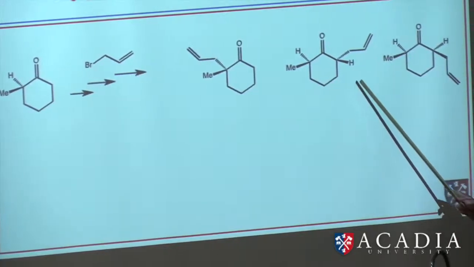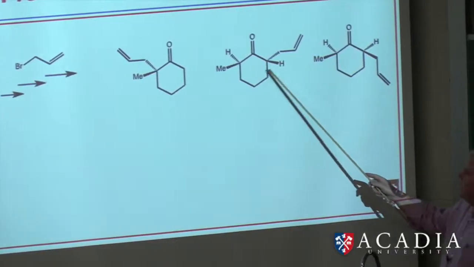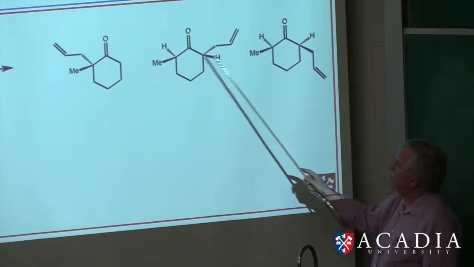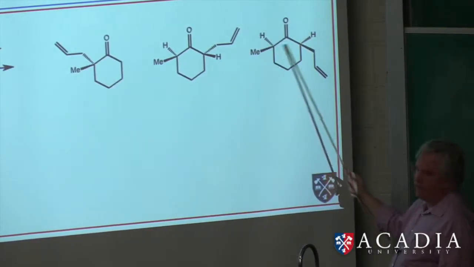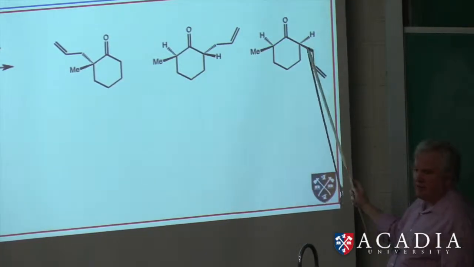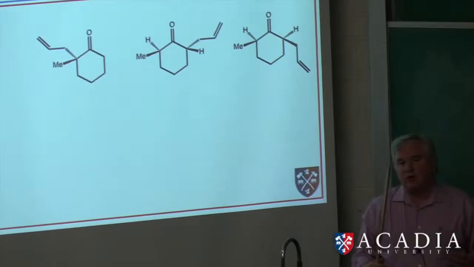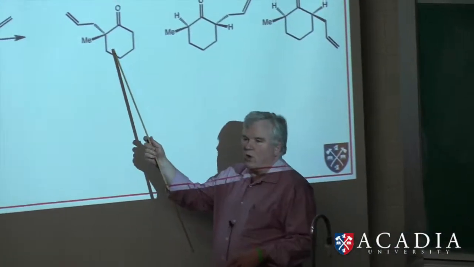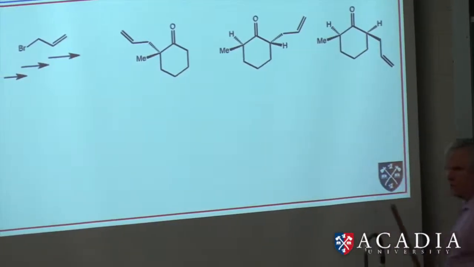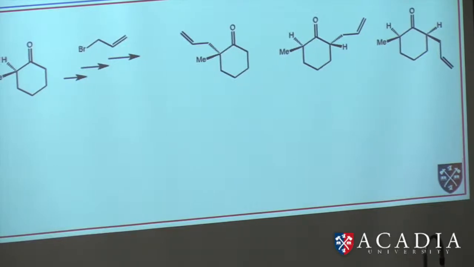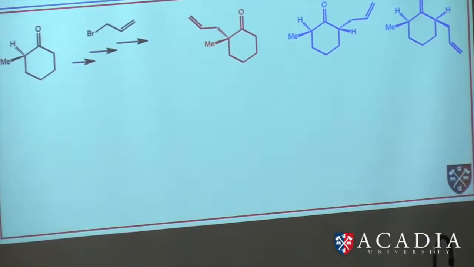We can also put the alkyl group on the other side, and it could be either anti to that methyl group or syn to that methyl group. So on the opposite sides of the ring or on the same side of the ring. So those are the three potential products we could get. You could imagine maybe we would prefer one enantiomer over the other. So through the different reactions we've learned, we actually can use, oh, there we go.